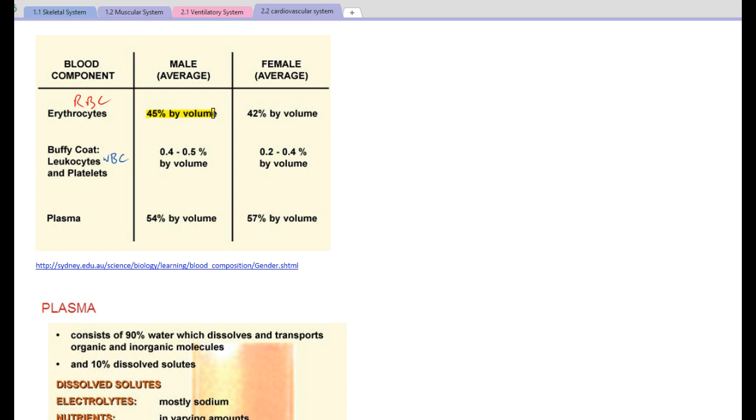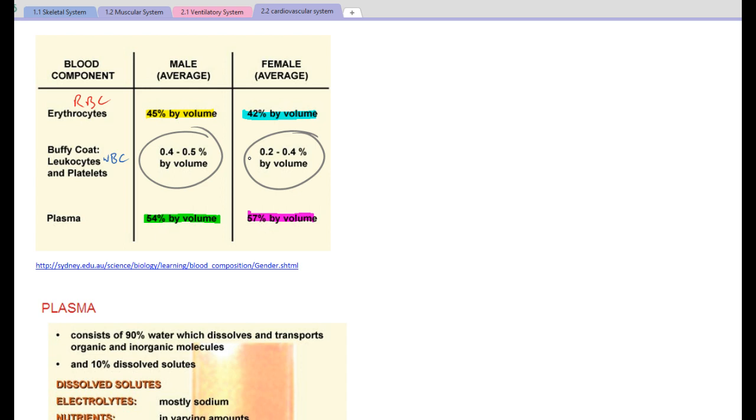A little bit less, approximately 42% per volume for the average female, whereas our plasma, being the liquid component, about 54% for males, about 57% for females. And we'll see that our white blood cells and platelets make up a very small component, less than 1%.